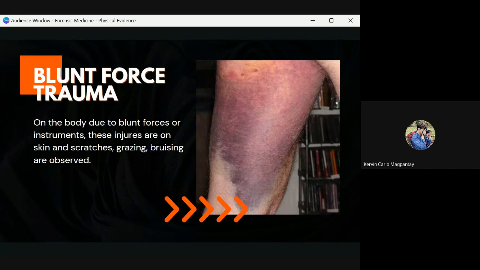Example of situation kung saan papasok si blunt force trauma ay ang injury kapag hinampas ni perpetrator si victim ng baseball bat. Kung saan usually hindi siya nag-end up into open wounds. Instead, internal yung nagiging effects ng blunt force trauma. Pero meron pa din naman tayo mga specific type of blunt force trauma na nagbibigay ng open wound.